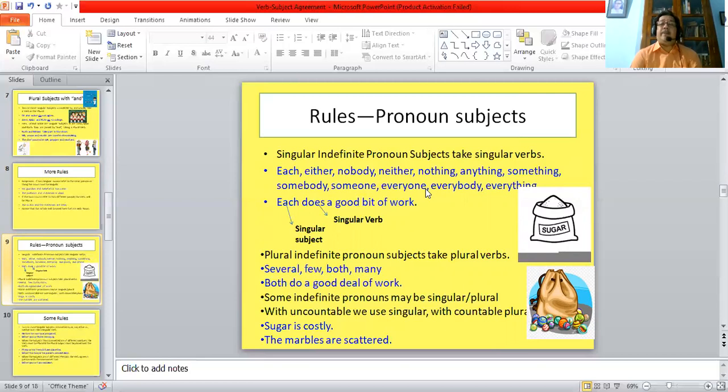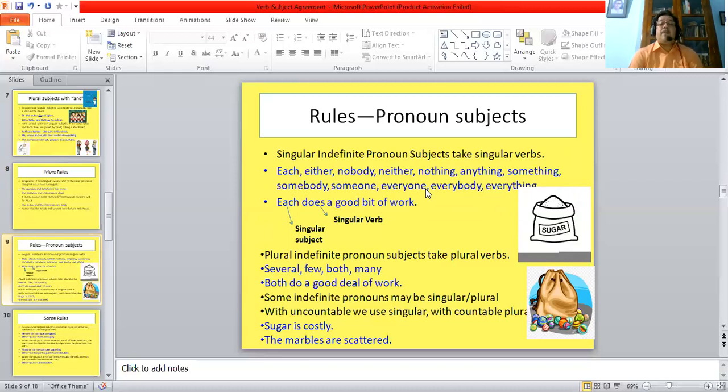Each does a good bit of work, for example, or everybody is silent, or everybody was silent on the issue, or nothing can be done on this, nothing has been done. Anything is possible. We don't say "anything are possible," anything is possible. Something will be done, or something has been done, not "have been done." So singular indefinite pronoun subjects will take singular verbs.